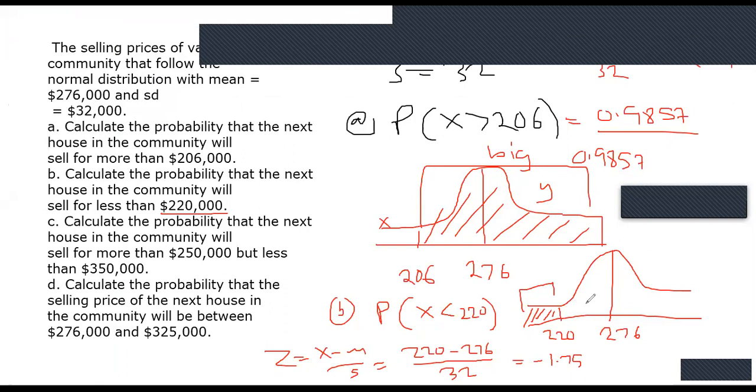This part is for the bigger part, right? So how do we get the remaining one? We subtract, right? So 1 minus 0.9599.